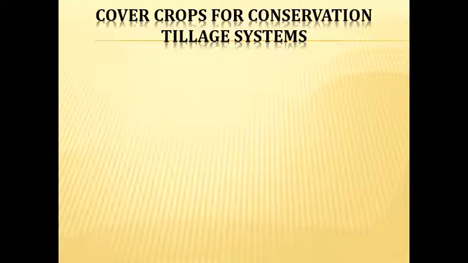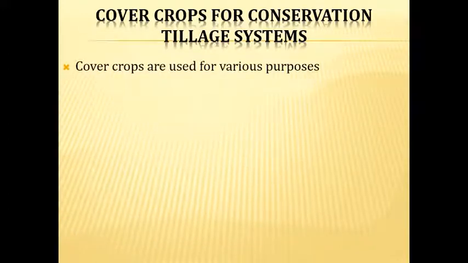In conservation tillage systems where minimum tillage is practiced, cover cropping is one of the elements, one of the principles, one of the practices. Cover crops are used as ground cover, mulches, green manure, nurse crops, smothering crops, and forage and foods for animals or humans.